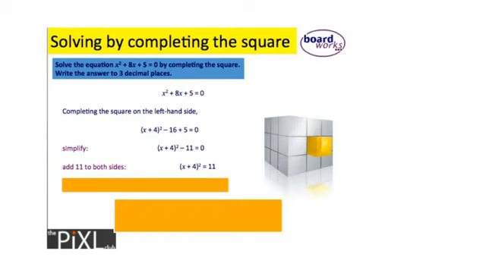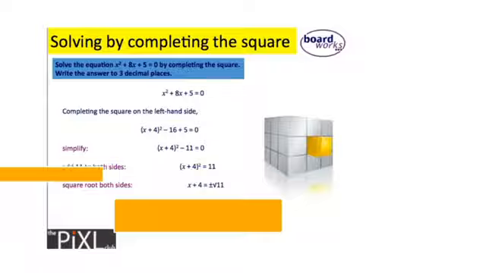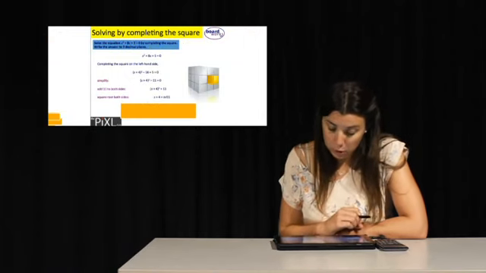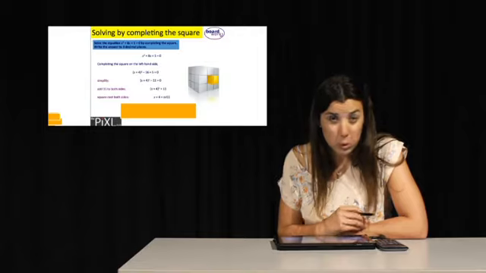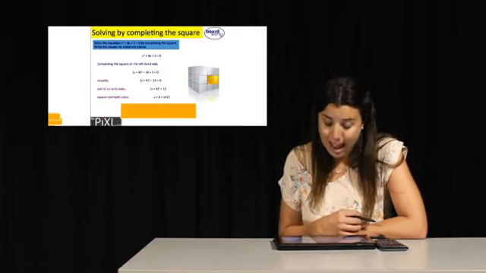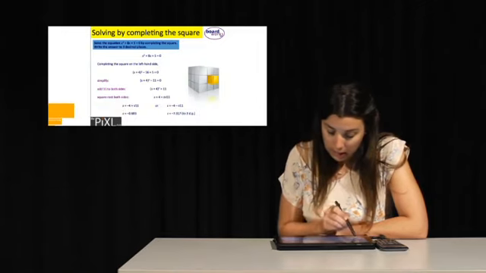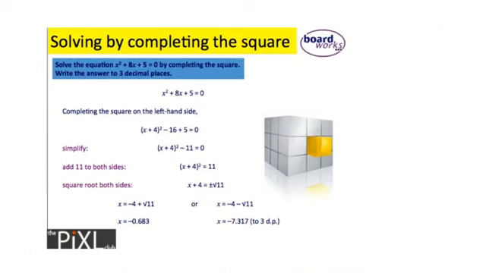Our next step is to square root our 11. And remember, we have that positive and negative solution. So x plus 4 equals the positive square root of 11 and the negative square root of 11. Again, we've got then the positive square root of 11, take away 4, and then the negative square root of 11, take away 4.